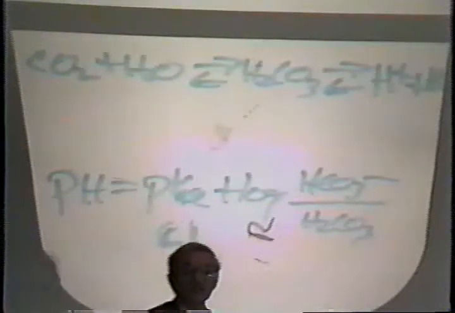It's H2CO3. Let me just write it down here for you. This equilibrium constant K is equal to H2CO3 divided by CO2 times H2O.